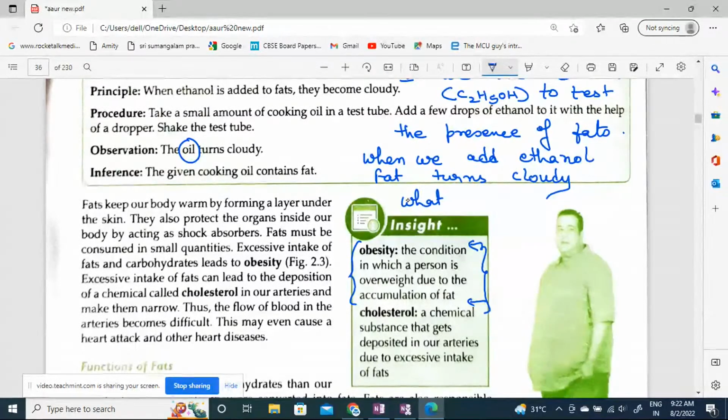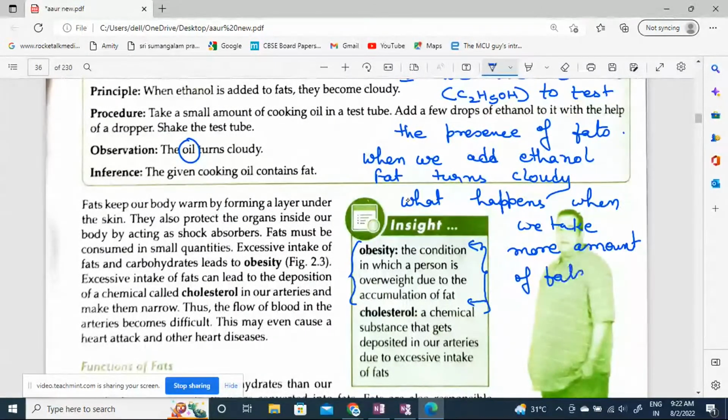What happens when we take more amount of fat? There are two types of diseases from which we can suffer.